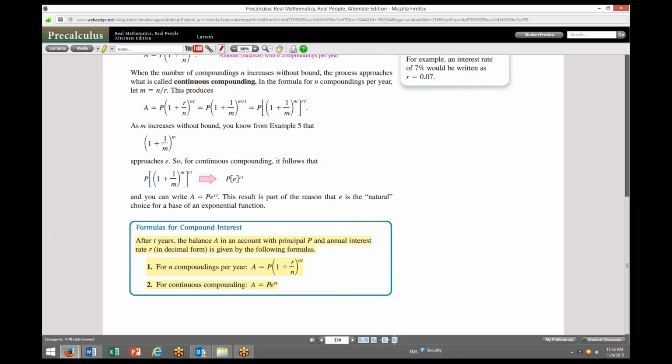If you have it in there for, say, 6 years at 3%, then A equals P times e to the 0.03 times 6. Go ahead and multiply those out to keep it simpler; you don't have to use parentheses around the exponent. So A equals P times e to the 0.18, since 0.03 times 6 is 0.18. It's the principal amount times e to the 0.18, and that's how easily you get your answer.